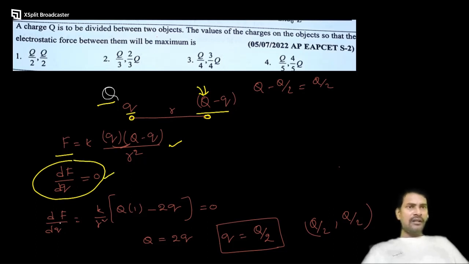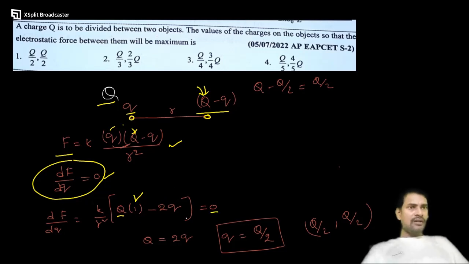So that's what I did here. dF by dq is equal to k by r square. See, k by r square is constant, so I kept it outside. If you differentiate small q into capital Q with respect to small q, capital Q is constant, so you will get capital Q. Then q into q is q square. If I differentiate q square with respect to small q, I get minus 2 into q.